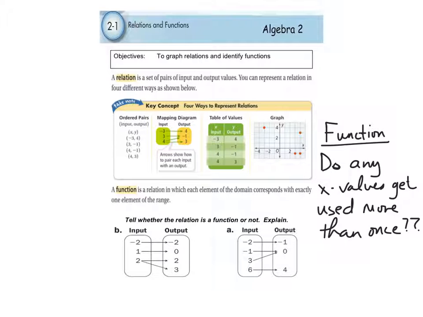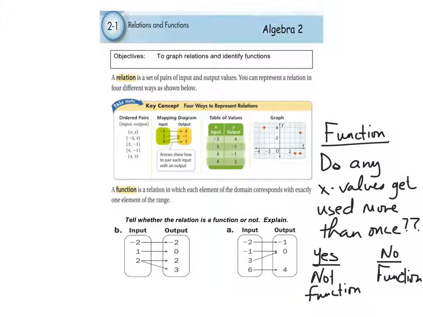And if the answer is yes to that, then it's not a function. If the answer is no to that question, then it is a function. So what you're looking for is to see if any of the x values are used more than once. Do the x values repeat?